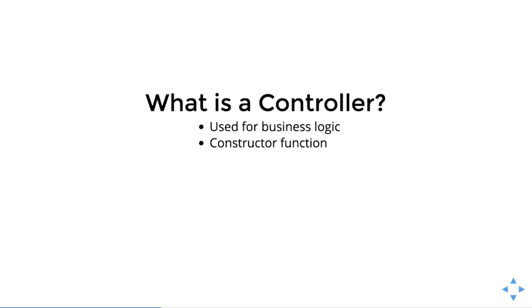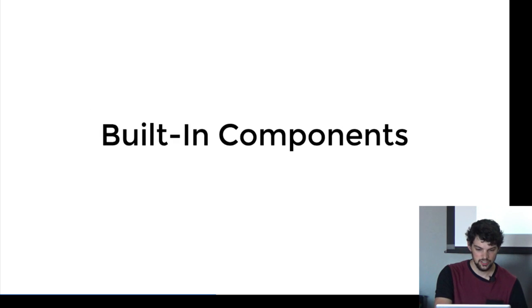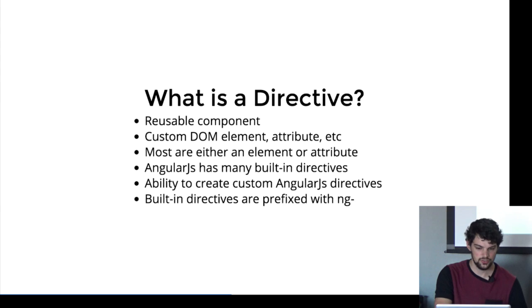Then we set up the plunker, and we created a controller, which was used for the business logic of the application, and we described it as a constructor function. Some built-in components we have are Angular directives, which are reusable components.